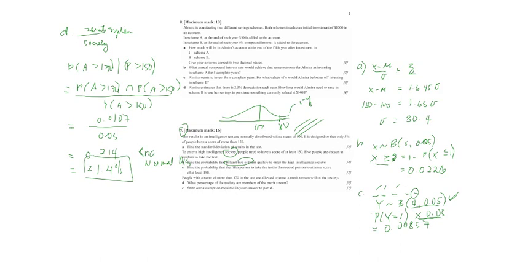Okay. For letter E, state the assumption required in your answer in part D. What shall be the assumption? That the high intelligence society is representative of the whole population.